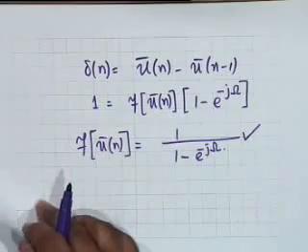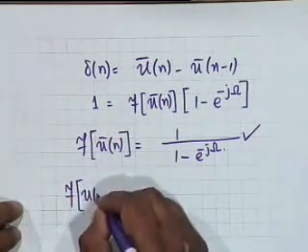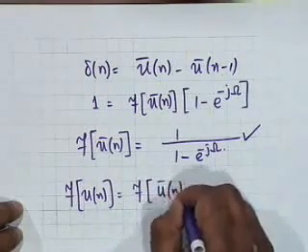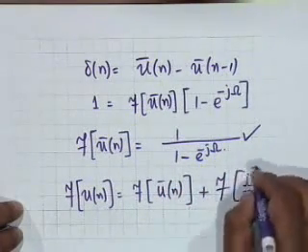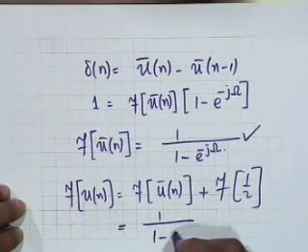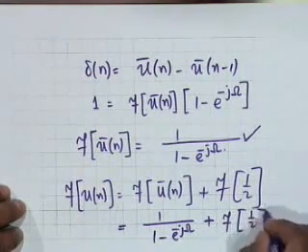If we now go back to the original function, what was the original function? It was F of u of n equal to F of u bar of n plus F of half. If we now go back to this, obviously what we see is 1 by 1 minus e to the minus j omega plus F of half.